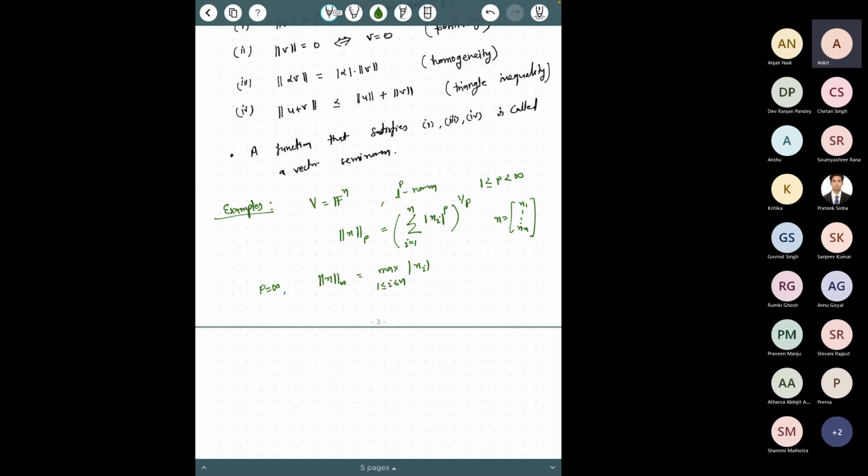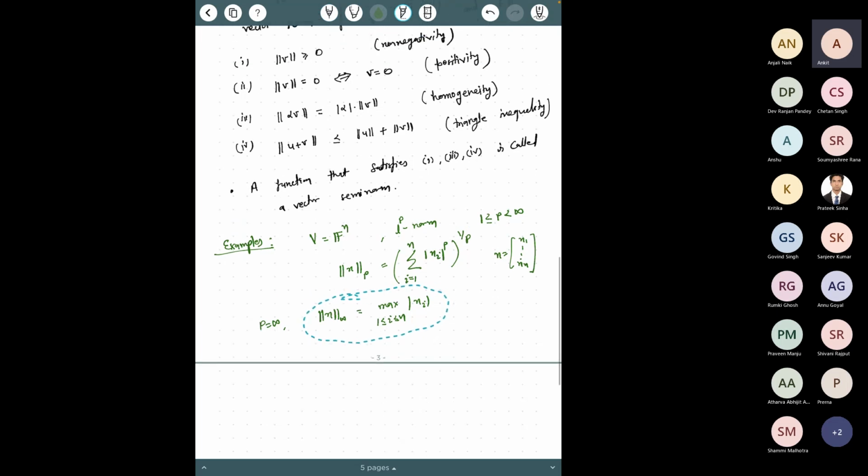Then you can check that these two functions are well-defined and they satisfy all four properties of a norm, and therefore they are vector norms on F^n. So this you can verify. I'm not going to verify it. For example, the first three properties are very easy to check for these functions.